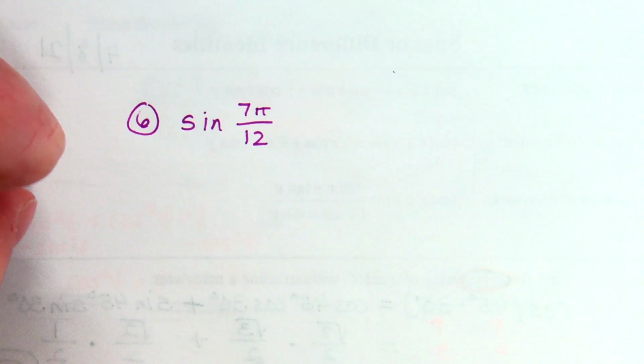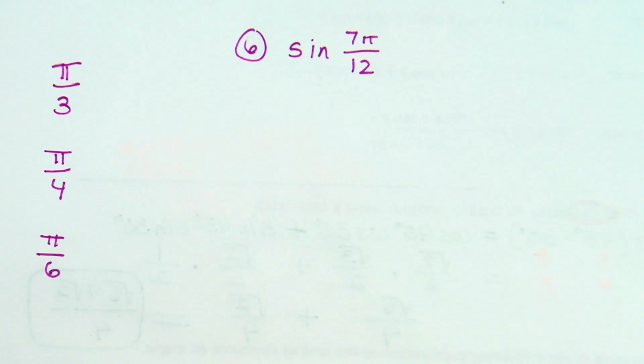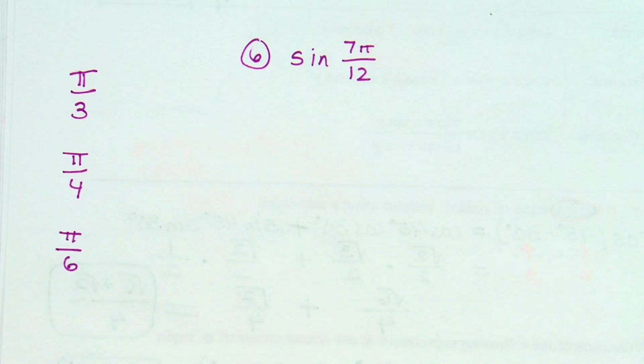I'm going to come on the back of my notes here. When we did the very first notes problem on the front, it was cosine of 15, and that was a piece of cake because 45 minus 30 is 15.